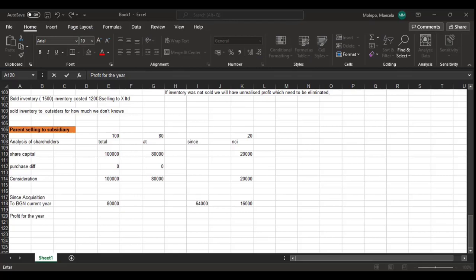This is the one which can confuse a little bit. If we check, the profit before tax was 60,000 at the end of the year.